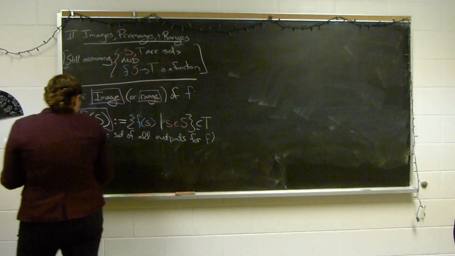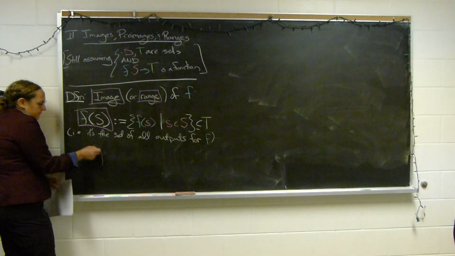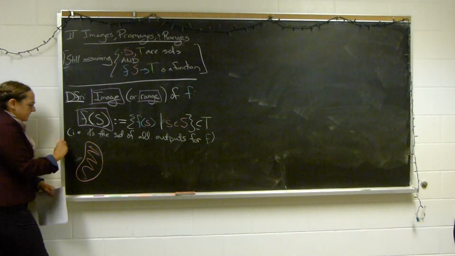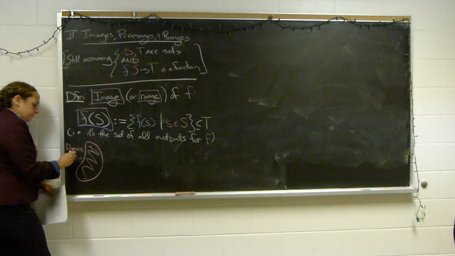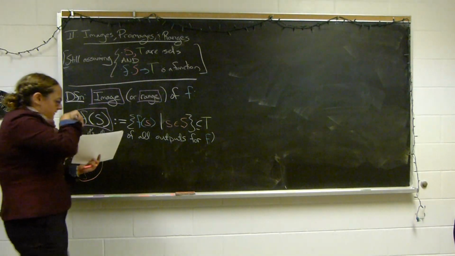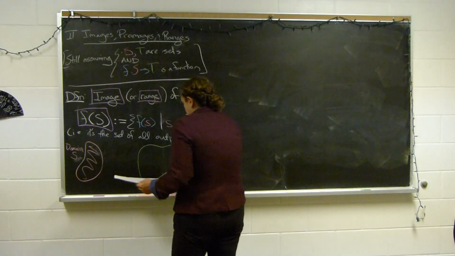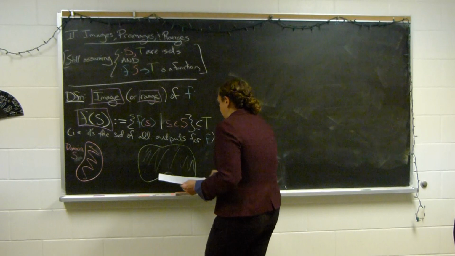And the picture then, we start with our picture from before, which I erased. So here's my domain S. And then I have potential values over here. I kind of talked about this before, but these are just potential values, so this is like my codomain.